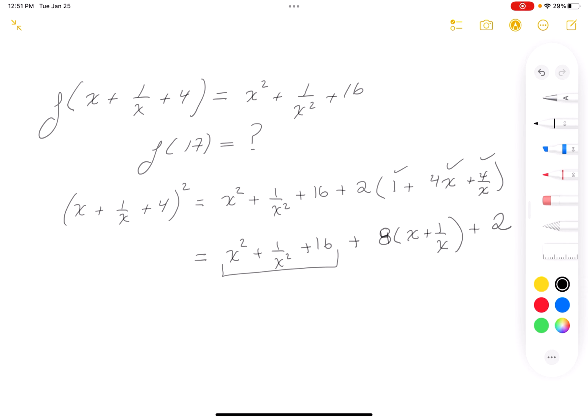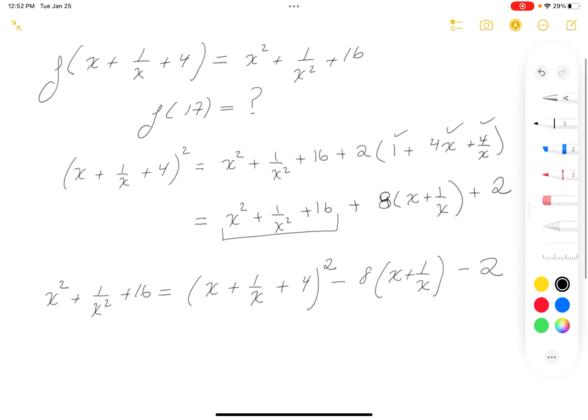What's it going to be equal to? x squared plus 1 over x squared plus 16 is equal to x plus 1 over x plus 4, squared, minus 8 times x plus 1 over x, minus 2.